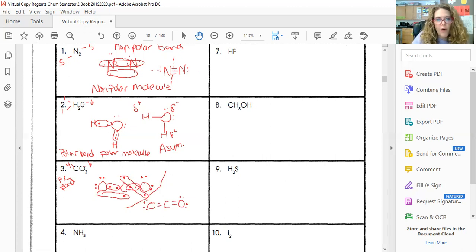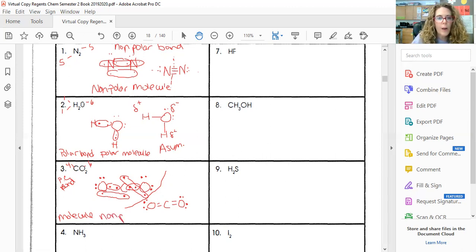But now I need to figure out what this molecule is. So is this molecule symmetrical or asymmetrical? I have a line of symmetry down the center. I have a line of symmetry across the center, and it's symmetrical in both directions. So this is symmetrical. That means there's no differences when you look on either side of your lines of symmetry.